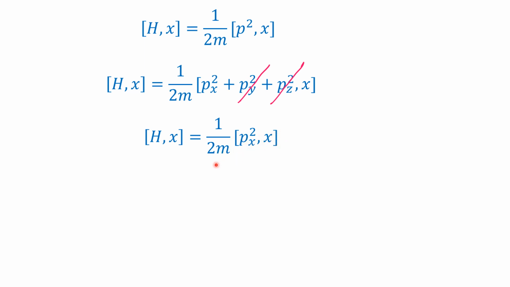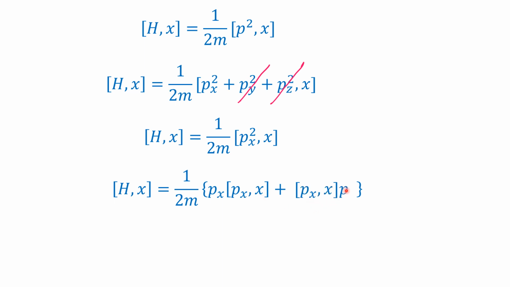Now from the commutation relations, we can write the commutation of px squared with x as px times the commutation of px with x, plus the commutation of px with x multiplied by px. This is using the commutation rule.